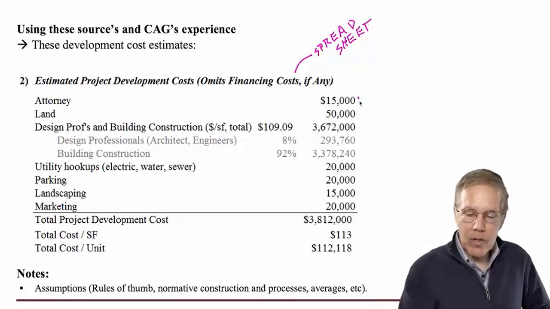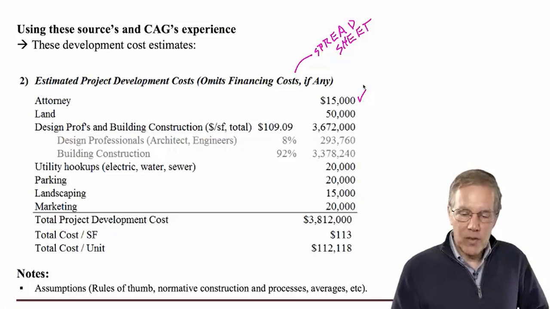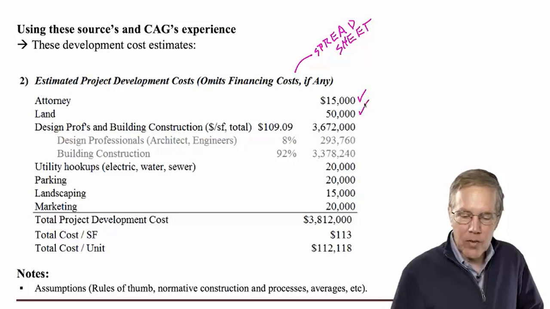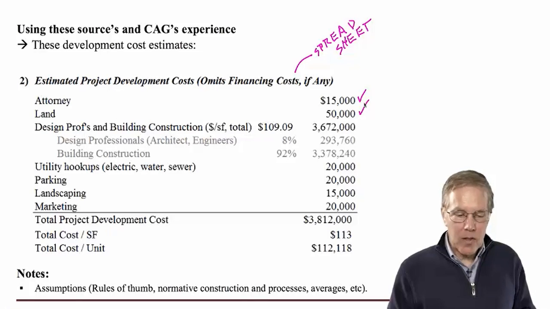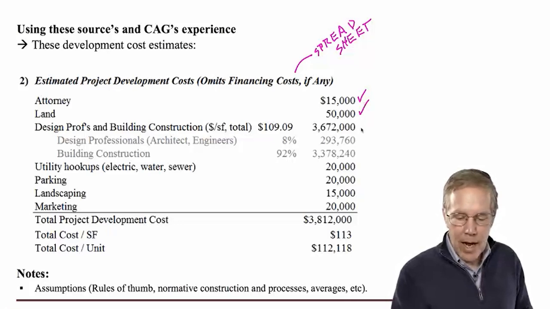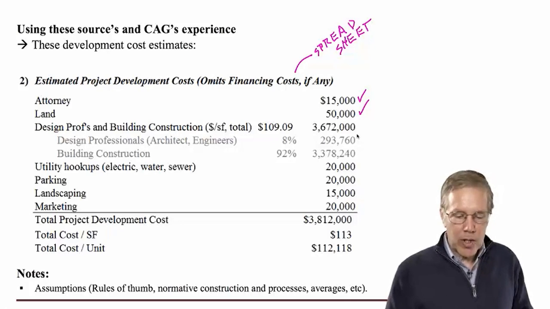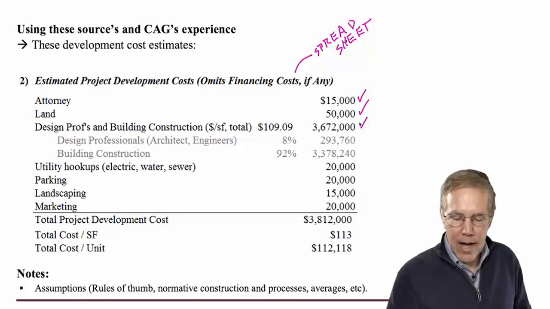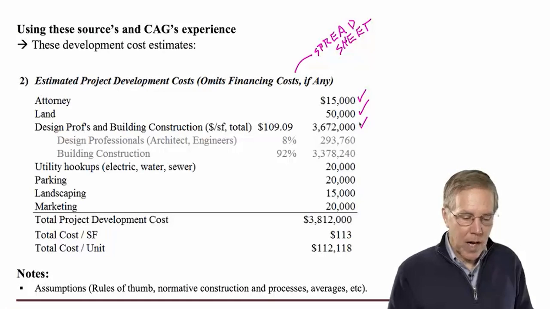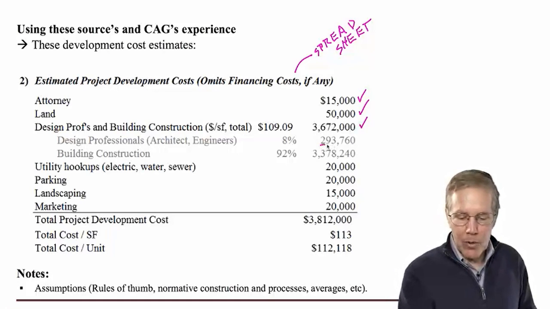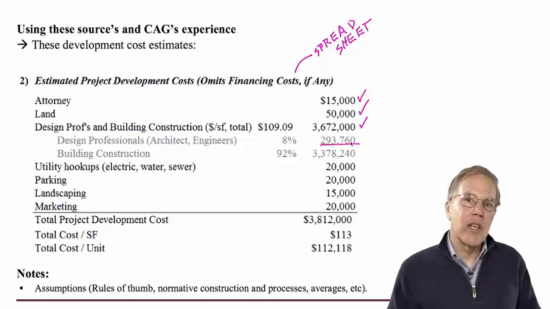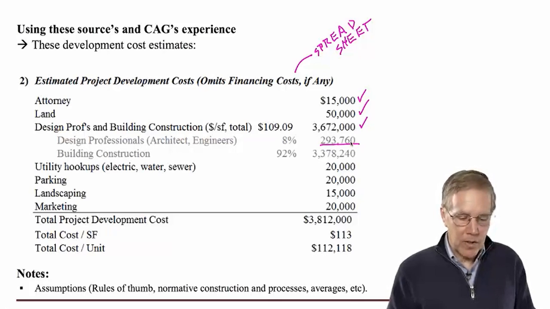This is America, so clearly we're going to have some attorney's fees. We know they're going to pay the asking price for the land, which is $50,000, and we have estimated out the design professionals fees and building construction total at about $3.7 million, and you can see we've got about 8% of that set aside for the architects and the engineers, the design professionals.